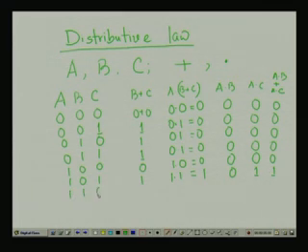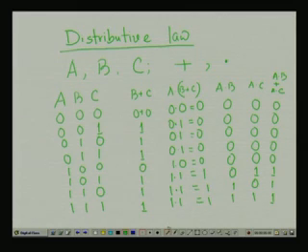So, 1, 1, 0, again B plus C is 1, A dot B plus C is 1, A dot B is 1, A dot C is 0, this is 1. Last term is 1, 1, 1. So, this is again B plus C 1, A dot B plus C 1, then A dot B is 1, A dot C is 1, 1 plus 1 is 1.